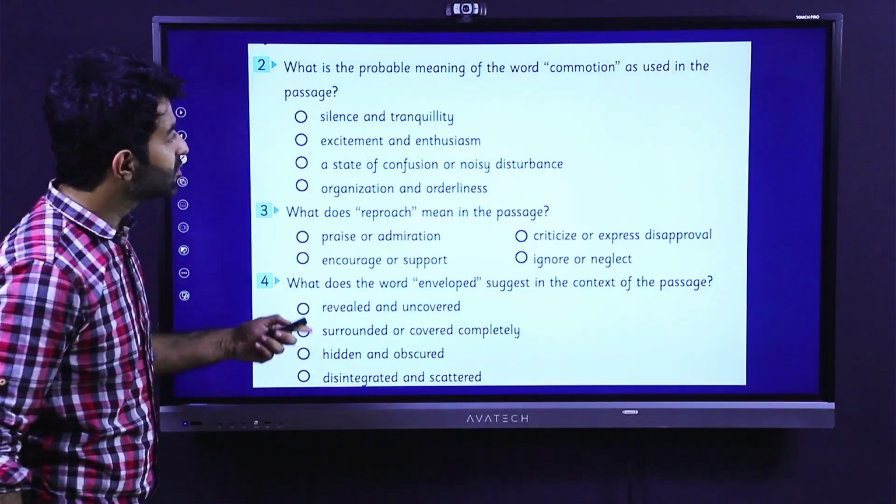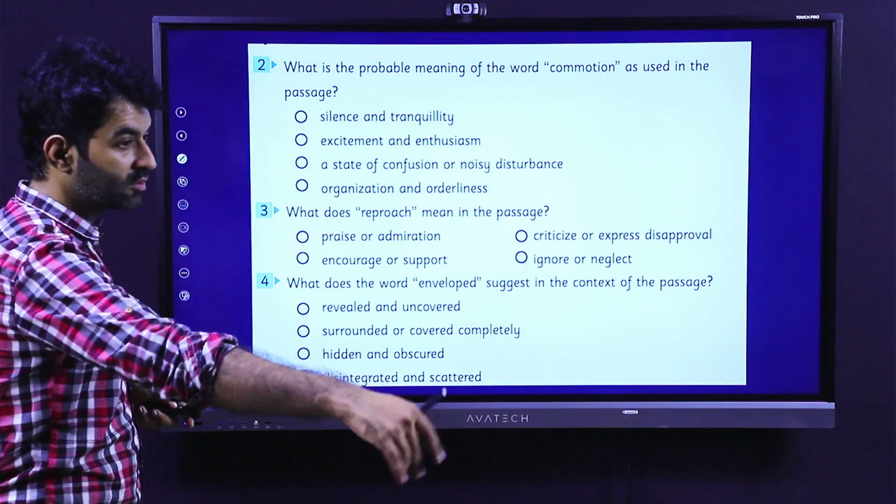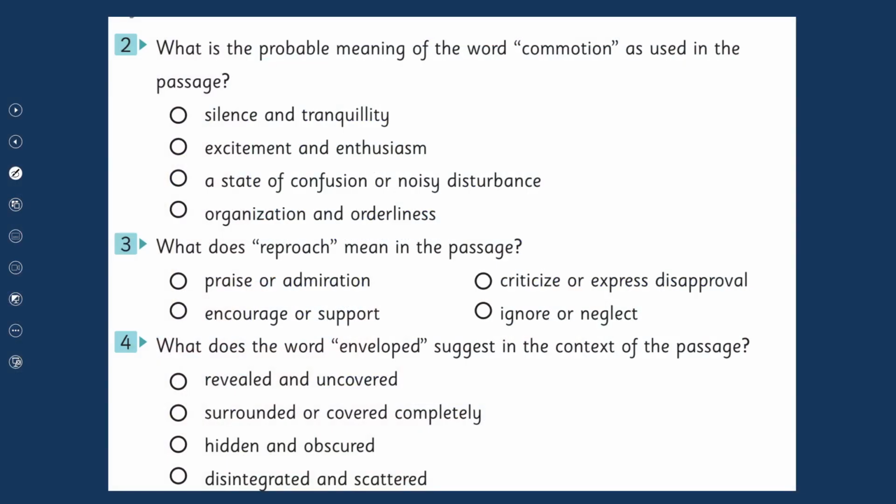Now, just like this, do this activity right now. Let me do the full screen for you. Your task is to find the quoted words, reproach or commotion, and find the right meaning.